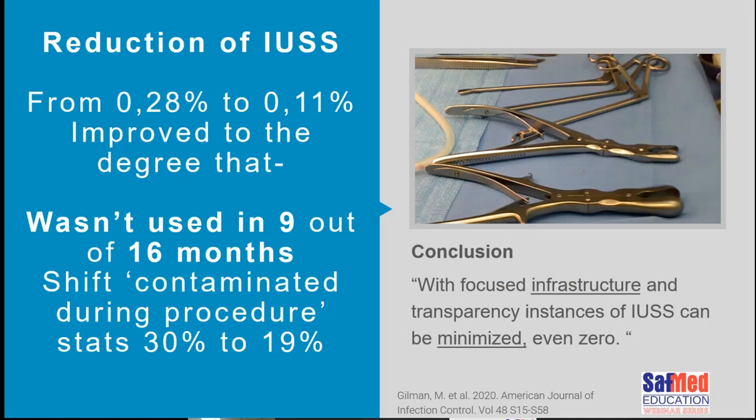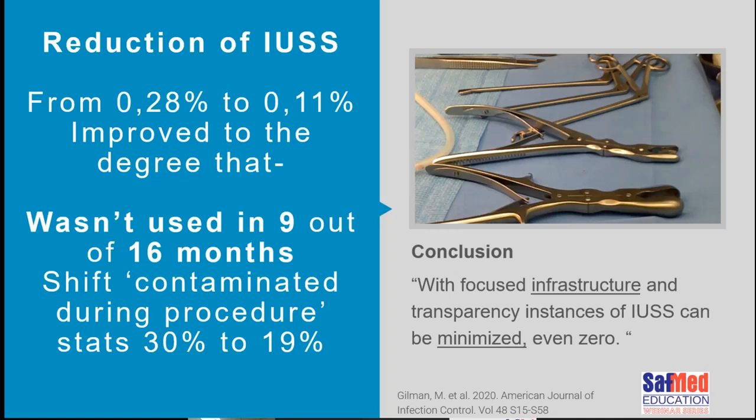So they were able, I'm not 100% sure how they did this calculation, but as you can see, they reduced the use of immediate use steam sterilization from 0.28% to 0.11%. And then they also did some form of statistics around contamination during procedure, and that had been reduced from 30% to 19%. And they went through a phase where for 9 out of 16 months, there was no need to use immediate use steam sterilization.